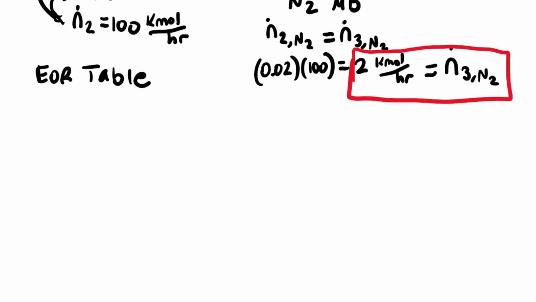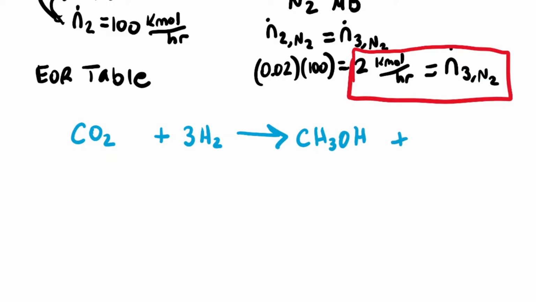Okay, and we know we've got CO2 reacting with 3 hydrogen to give me a methanol and a water. And we're going to start at T equals 0.